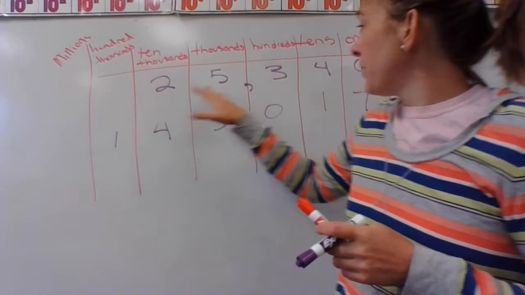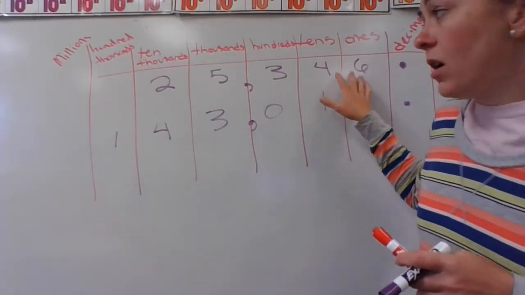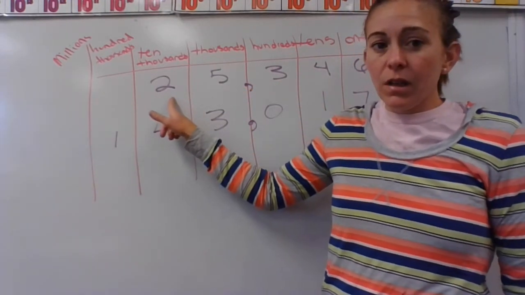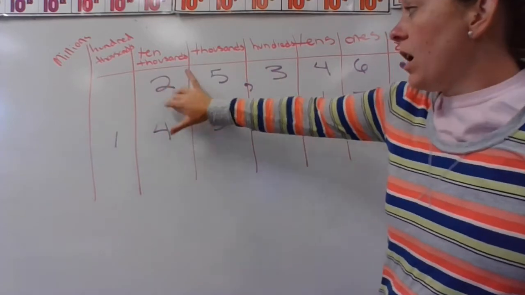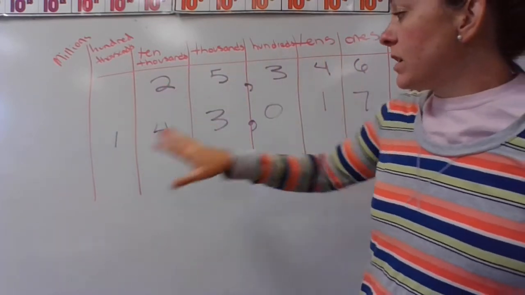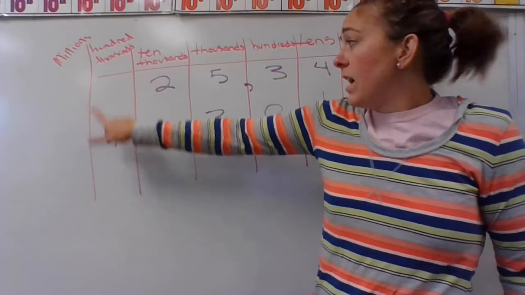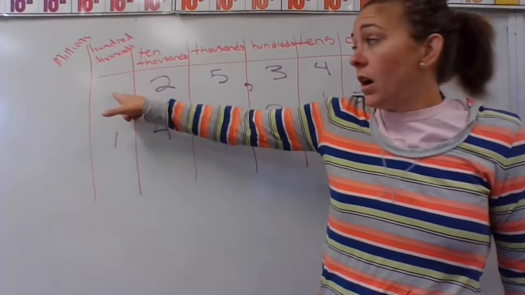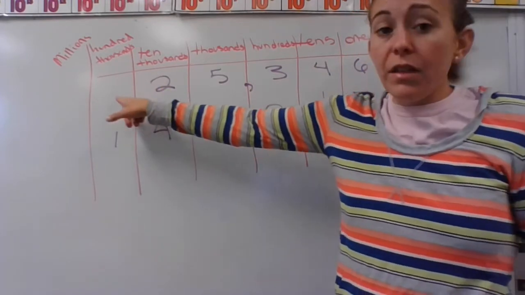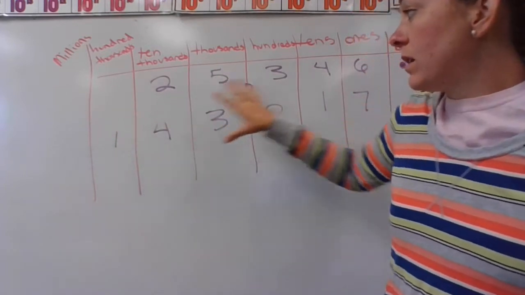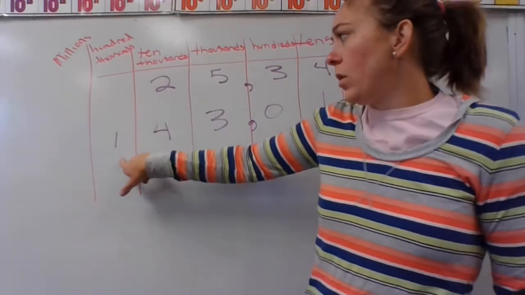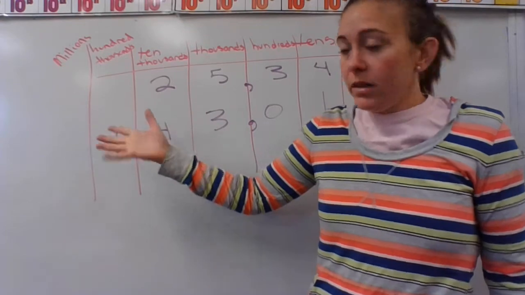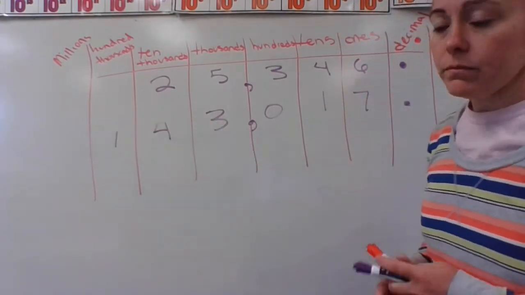And my other number, 25,346, only goes to the 10,000s place. So without even really looking at any of the other numbers over here, I can already see I've got a 1 in the 100,000s, and there's really a 0 here in the 100,000s for 25,000. Nothing is here. So I don't even really need to look at the rest of it to know, oh, 1 bigger than 0, this one is already bigger.